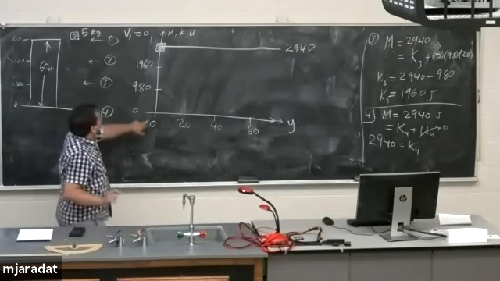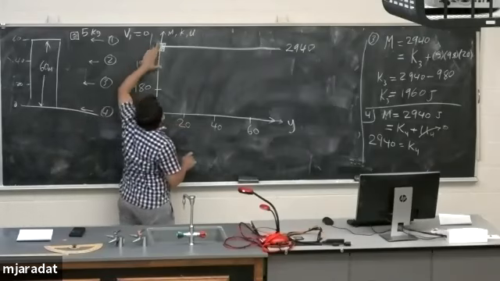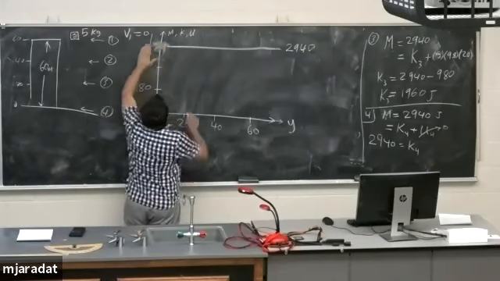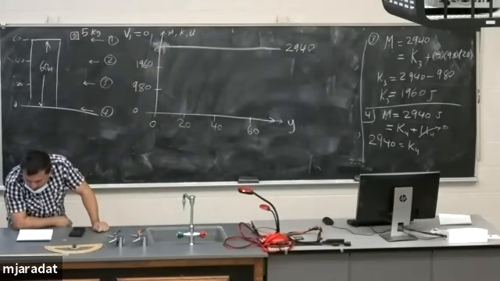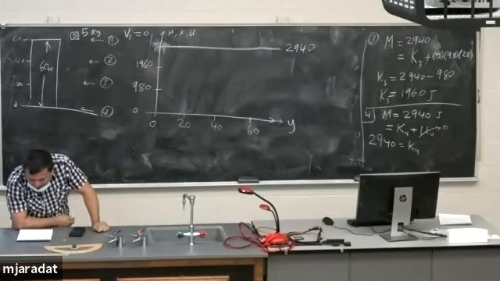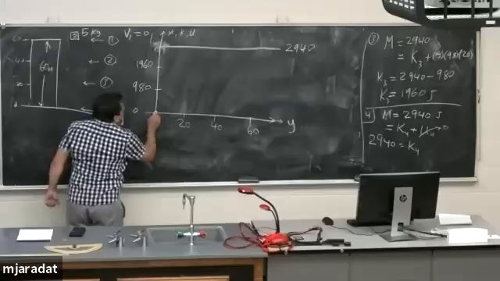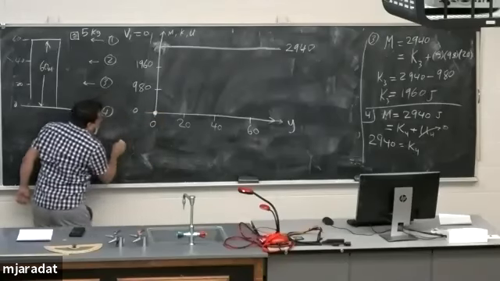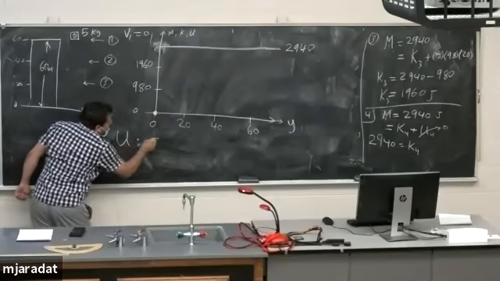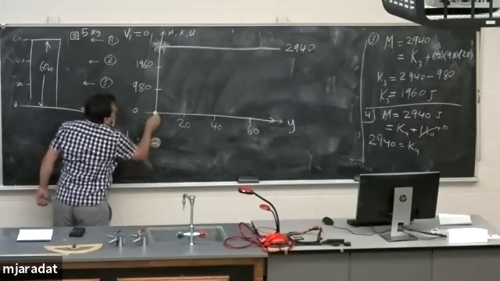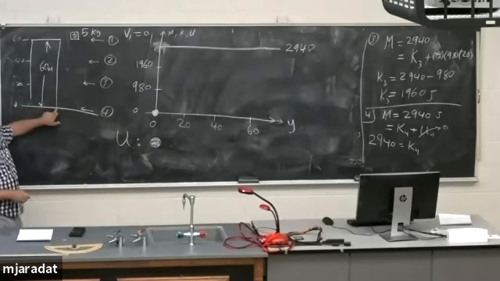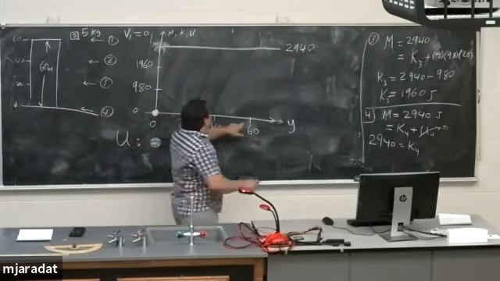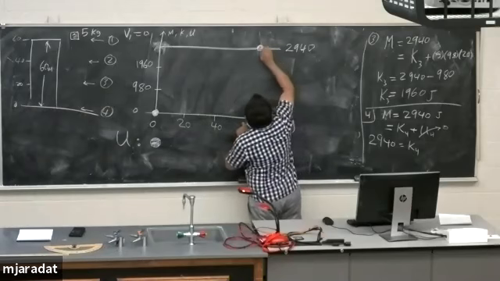At y equal to 0, the potential energy is 0. The potential energy is a circle. At y equals 60, the potential energy is the maximum value.